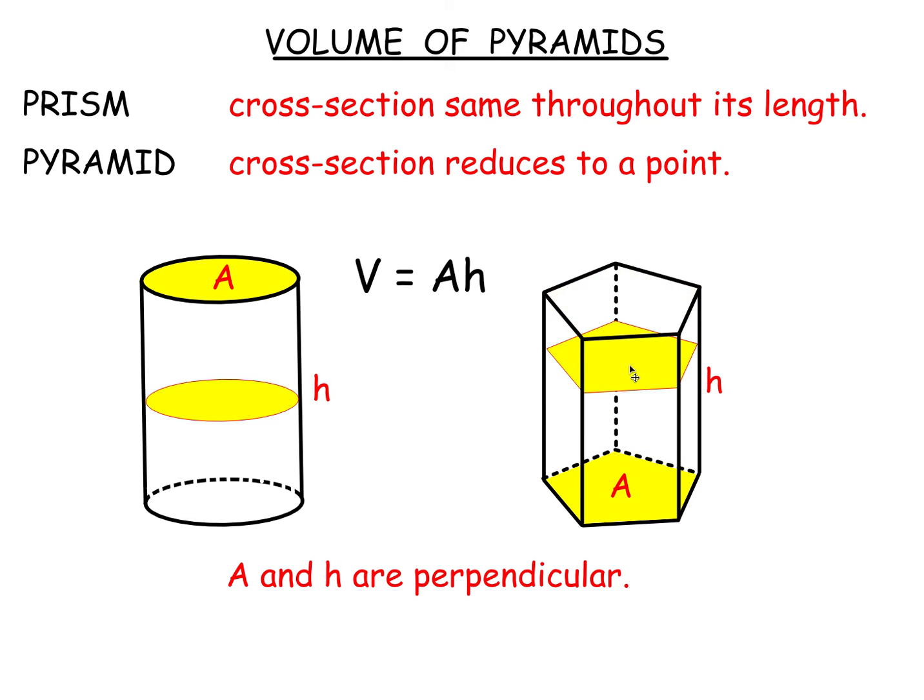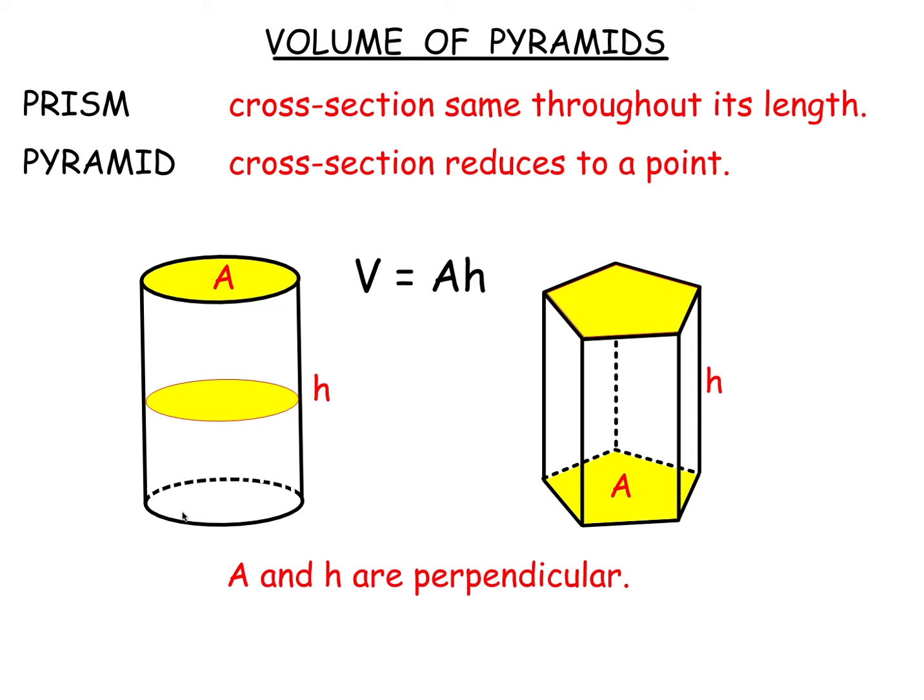So it's got the same cross section all the way through, same cross sectional area, an identical shape all the way through. The volume was area times height. The area of this cross section, which is the same as the area of the base, times how deep or long the prism is. All the prisms we deal with have the height at right angles to the base.